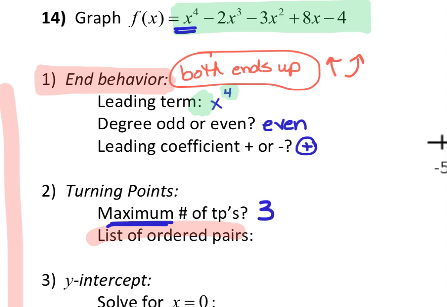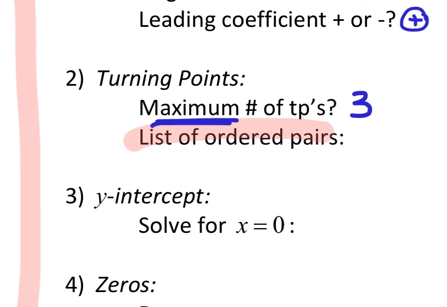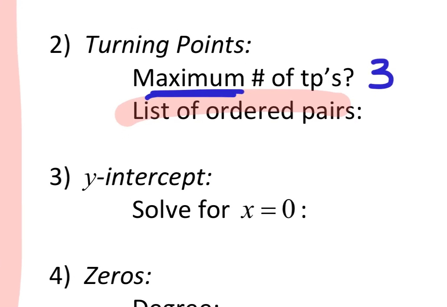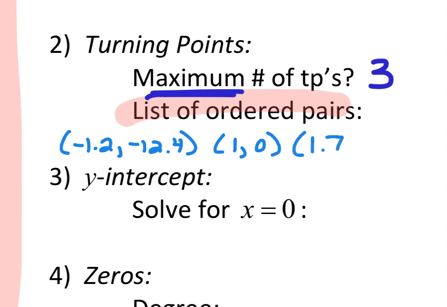And at this place, you can write them out with just 1 decimal, because really the goal is to graph everything. And so the ordered pairs that I see on my graph are (-1.2, -12.4), (1, 0), and (1.7, -0.5).